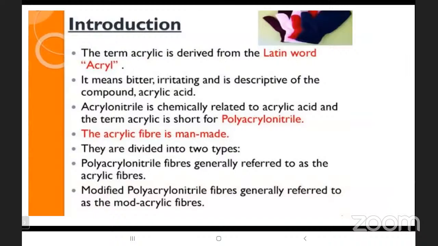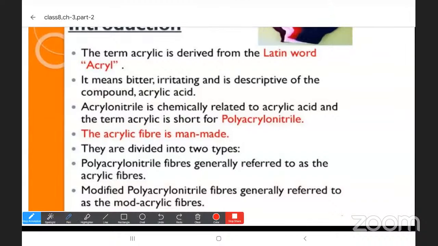So here, the next synthetic fiber is acrylic. The term acrylic is derived from the Latin word acryl, that means irritating, and is descriptive of the compound acrylic acid.